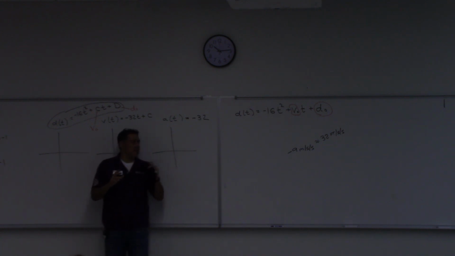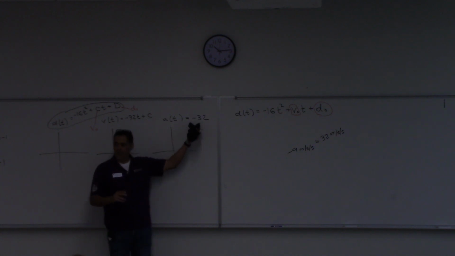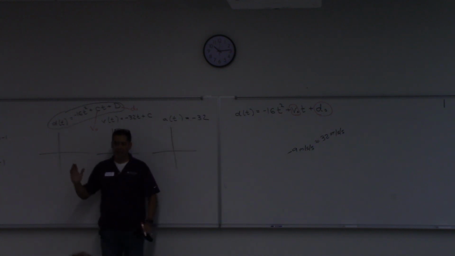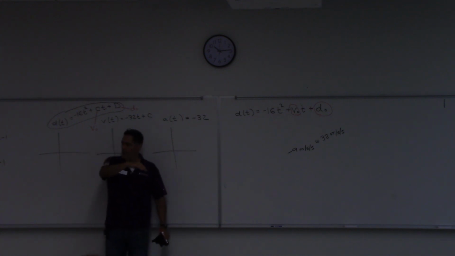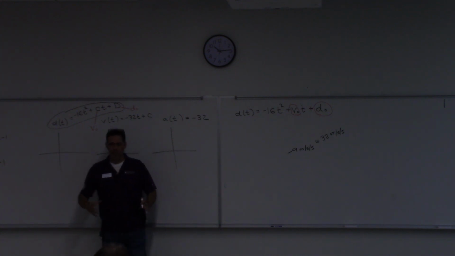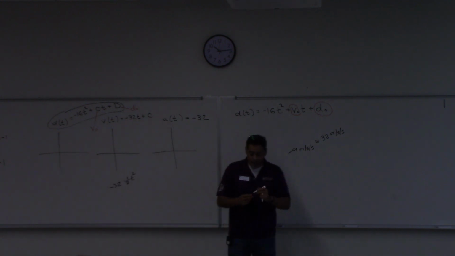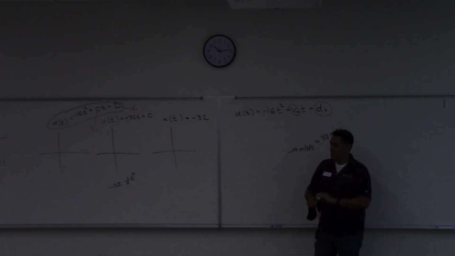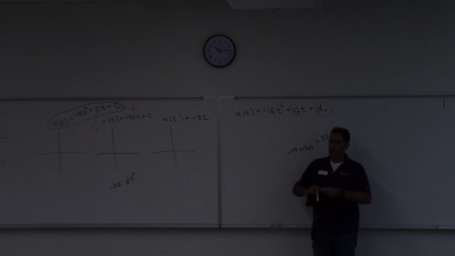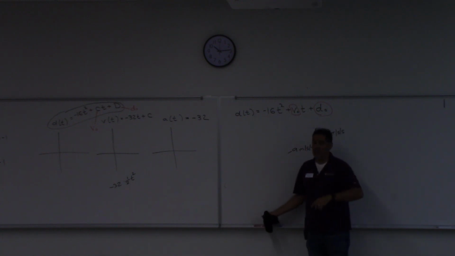Any object that has constant gravitational acceleration should have a parabola that models it being dropped. Does that make sense? So parabolas are uniquely the perfect model for gravity, for modeling falling objects on any planet.